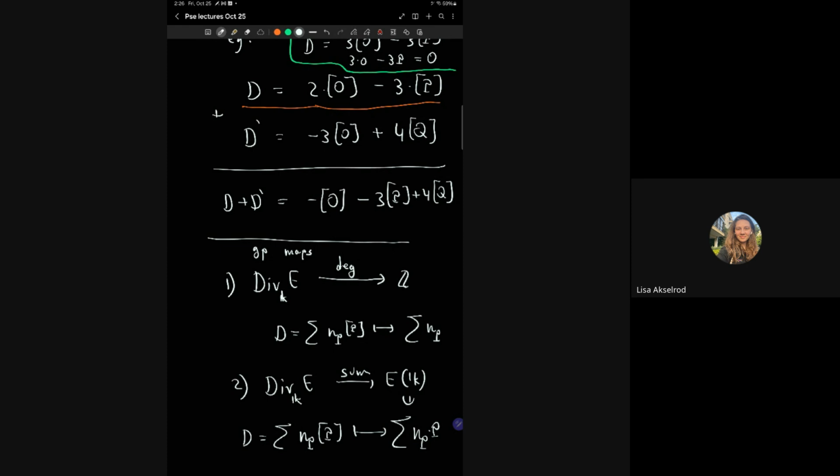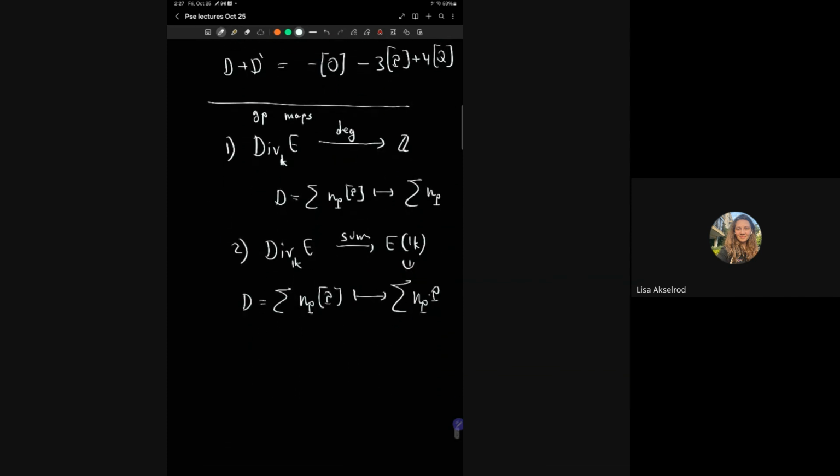Okay, and this brings us to the main theorem that we worked quite a lot to prove, which is called Abel-Jacobi.